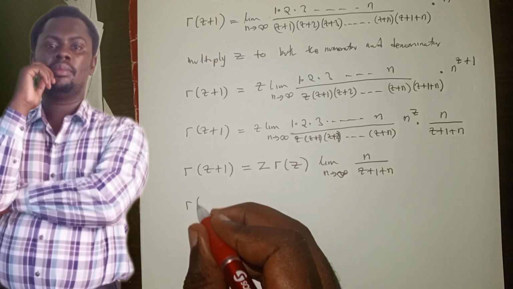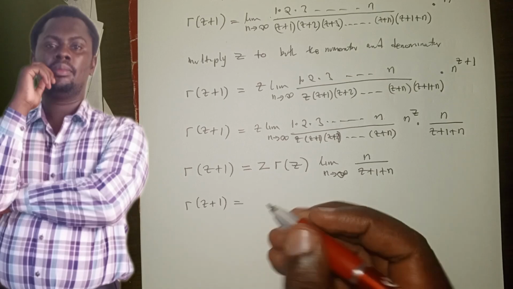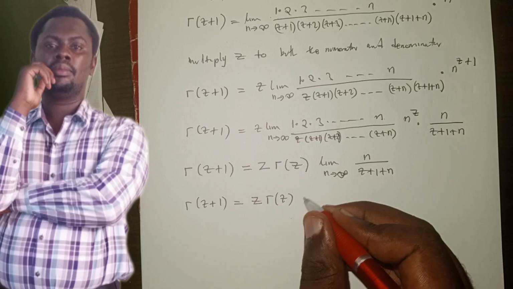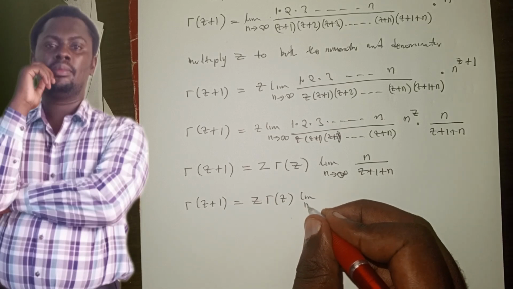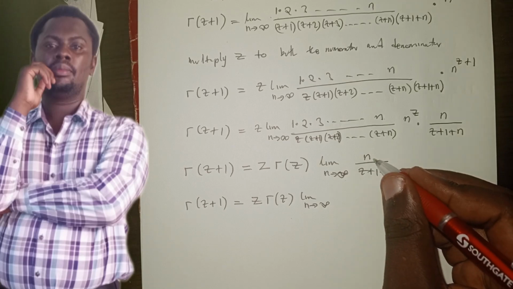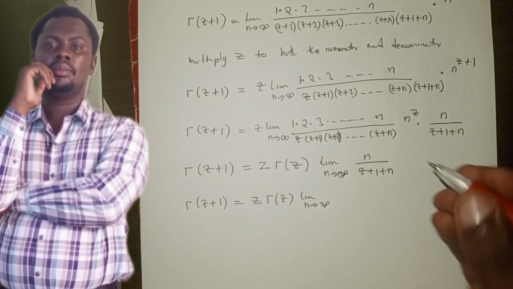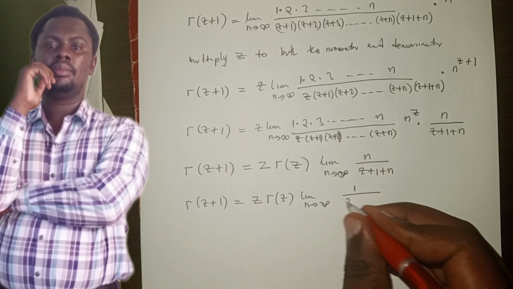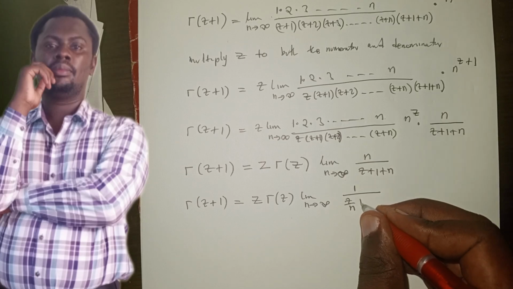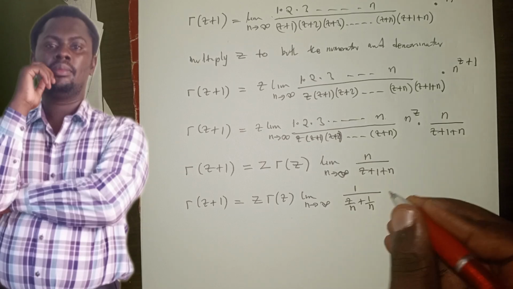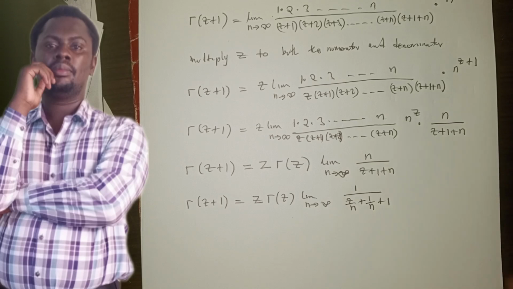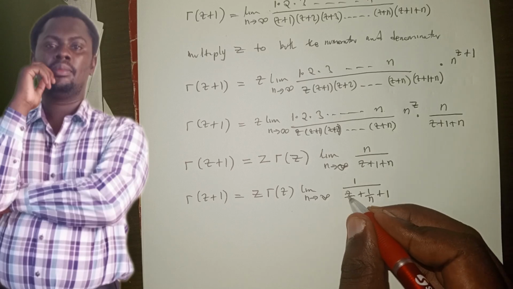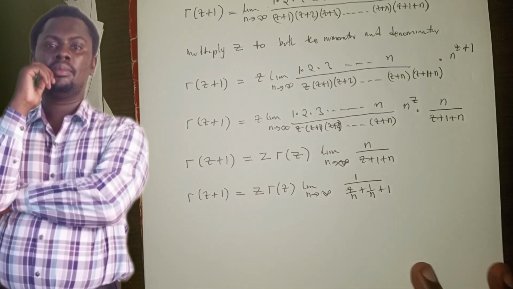So gamma of z plus 1 is equal to z gamma of z, then the limit as n approaches infinity of n divided by n, which gives 1, over z over n plus 1 over n, and n divided by n is just 1, so plus 1.